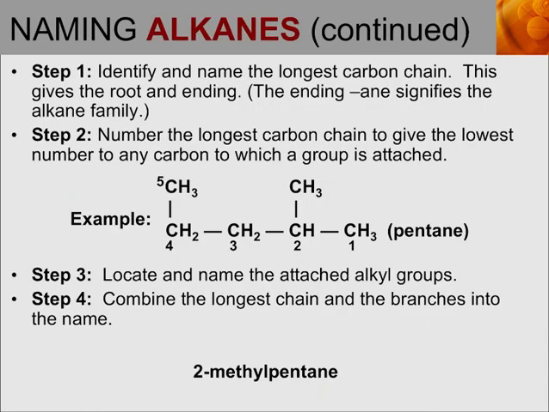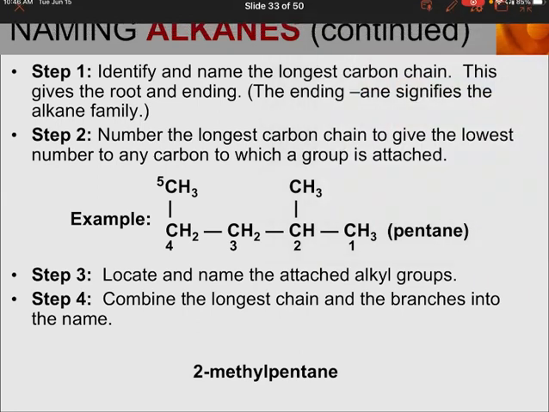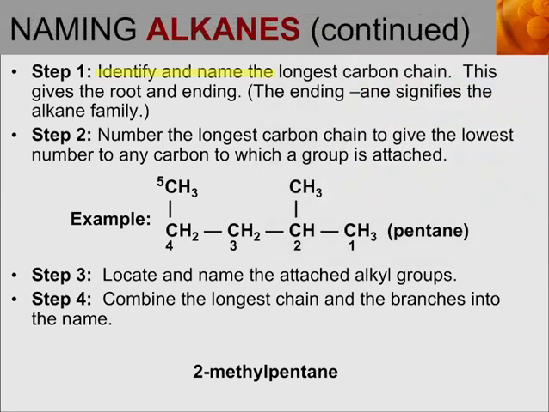All right, so let's go through the process of naming more complex molecules or alkanes. For instance, branched alkanes. So in the first step, we're going to identify and name the longest carbon chain. So this is going to give us the root and the ending.